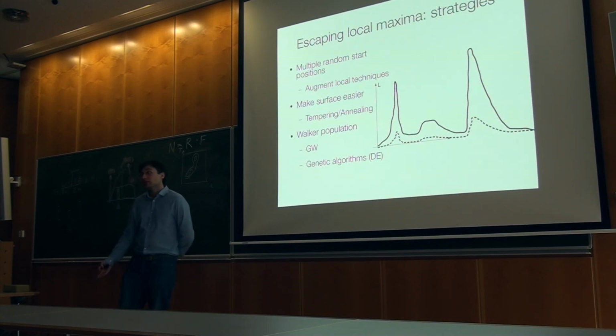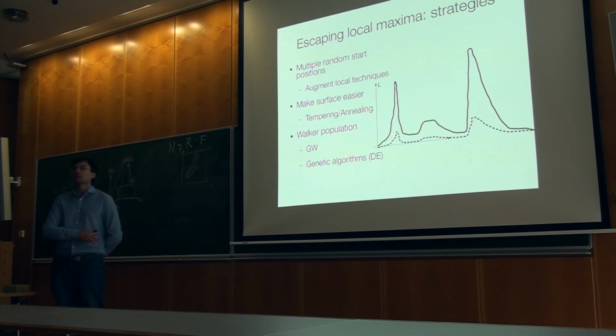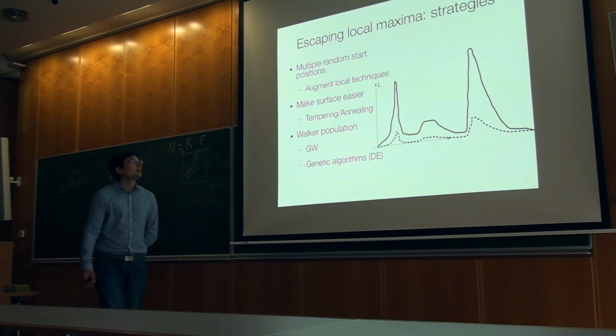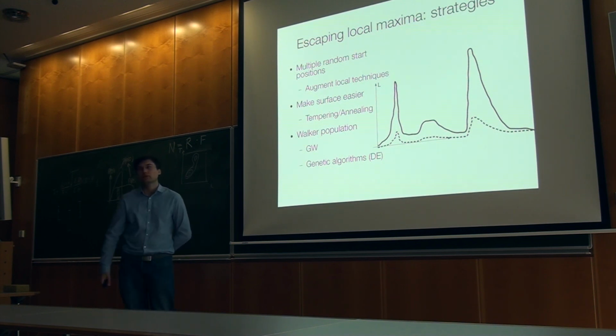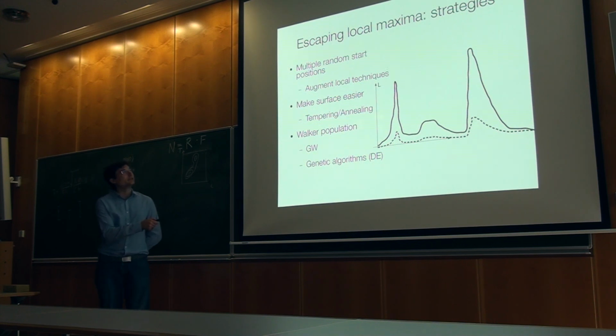Well, there are a couple of general strategies. One strategy is you have your local optimizer, and you start it from a whole bunch of locations. So you draw random starting positions, and you do your local optimization. Another strategy is to make the surface easier. Basically smooth this out or dampen it, and that's called annealing.